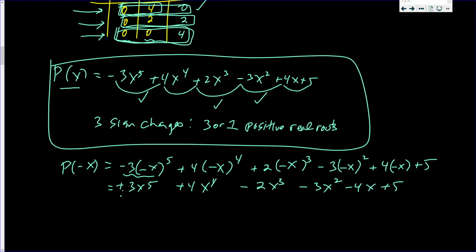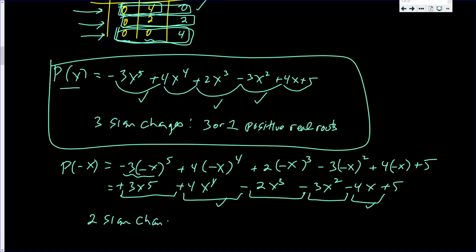That's an understood plus. No sign change, sign change. Negative to negative, none. Negative to positive, sign change. There are 2 sign changes. So there will be 2 or 0 negative real roots for P of negative x.